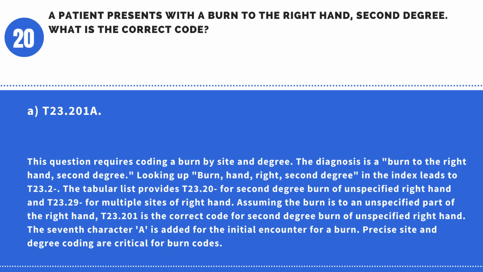Assuming the burn is to an unspecified part of the right hand, T23.201 is the correct code for second degree burn of unspecified right hand. The seventh character is added for the initial encounter for a burn. Precise site and degree coding are critical for burn codes.